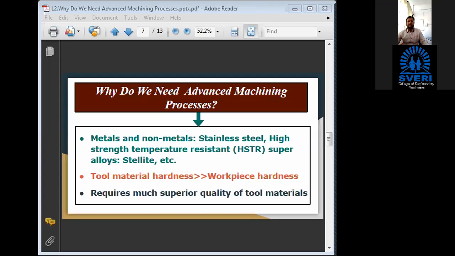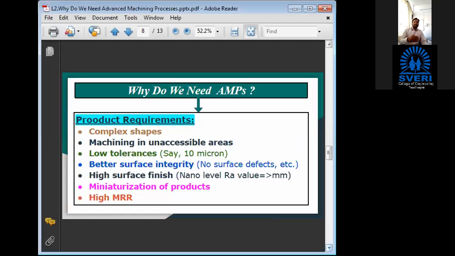Now, apart from the workpiece metal property, I was talking only about the metallurgy part, that means metal property. Apart from that, there is another aspect, the product requirement, which can be very complex in shape.